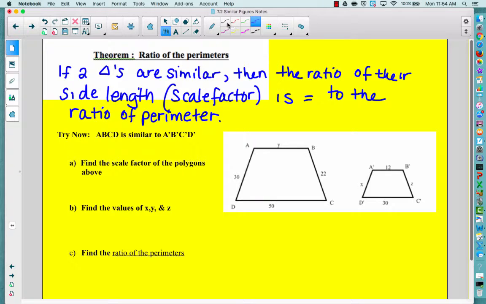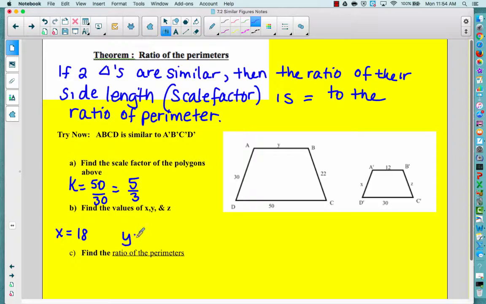All right, you pressed pause. You tried these, A, B, and C. You're back. You should have gotten a scale factor of 50/30 and simplified it to 5/3. And I did from A, B, C, D to A prime, B prime. Then you find the values of x, and I got x equals 18.